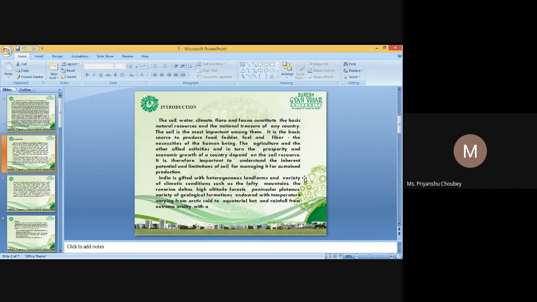Worldwide, 1.5 billion people and 42% of the very poor live on degraded lands. The share of India in the global degraded soil area is about 10%, and of population is 70%.